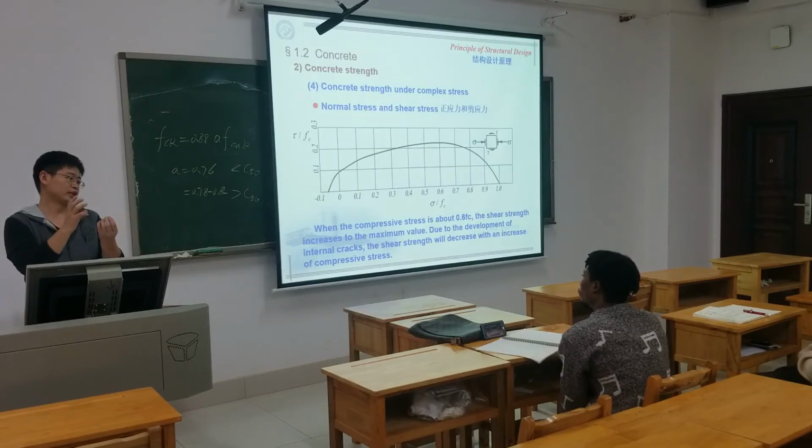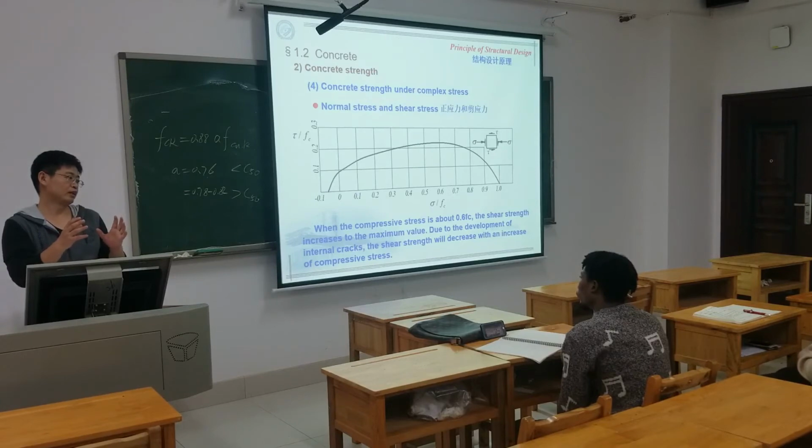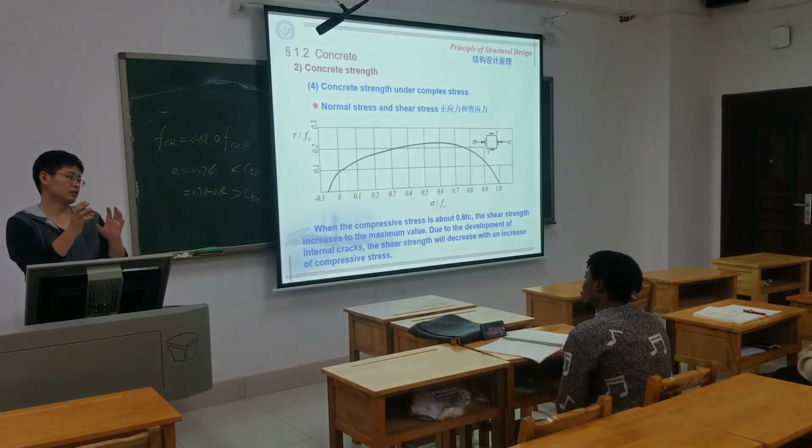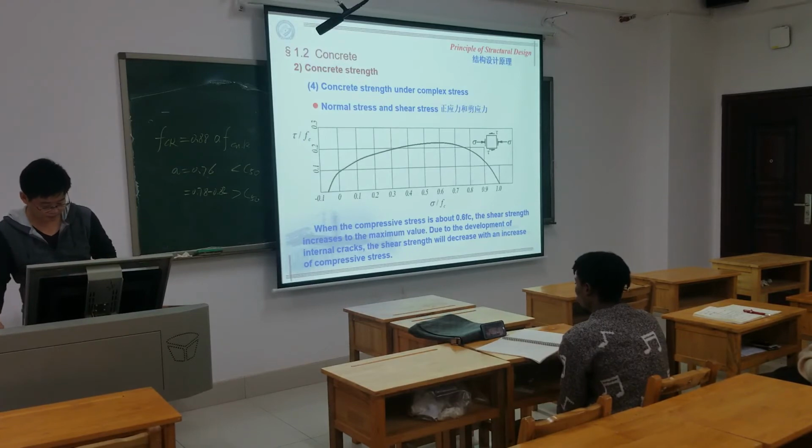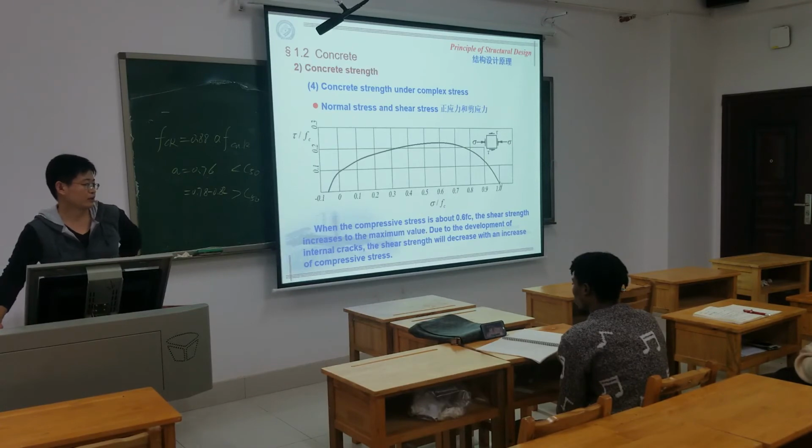Once the concrete generates some cracks, the shear stress will decrease quickly, because the integrity of the concrete is not so good. So that's why at nearly 0.6 FC, the shear stress decreases gradually because of the cracks inside the concrete.